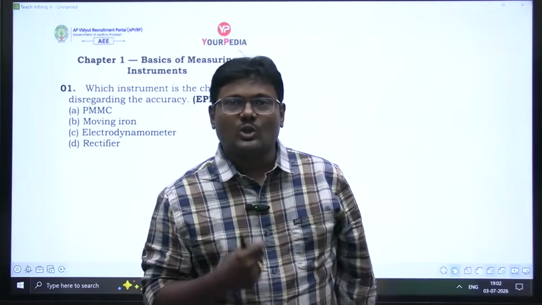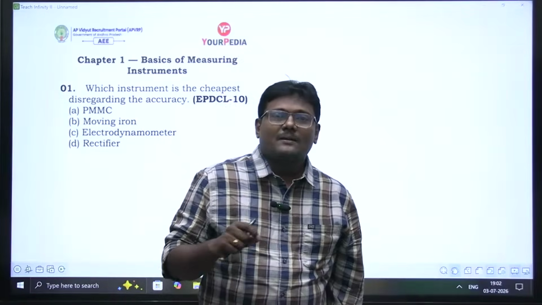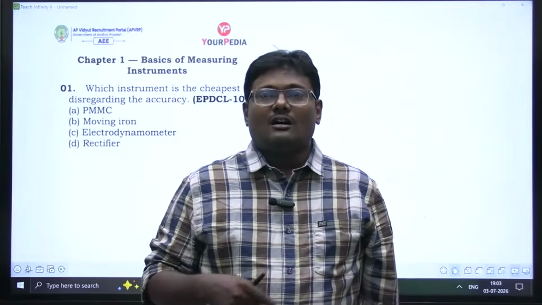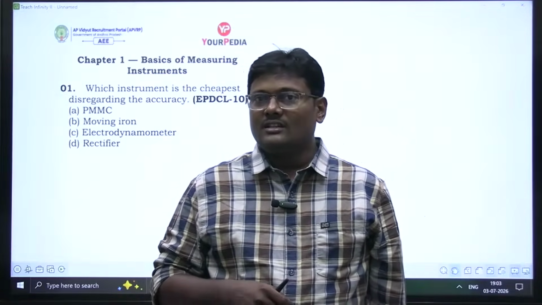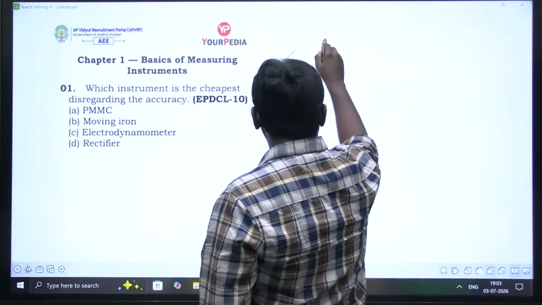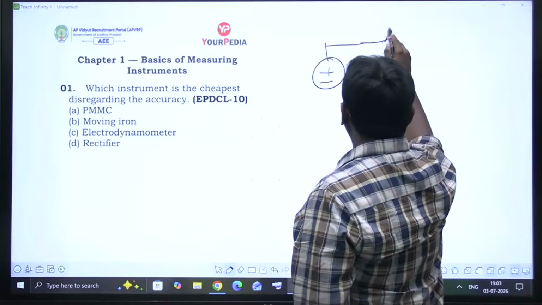Before going to the question solving, what is meant by measurement? Measurement is a comparison between the standard value and an unknown value. Suppose I want to measure in this circuit.